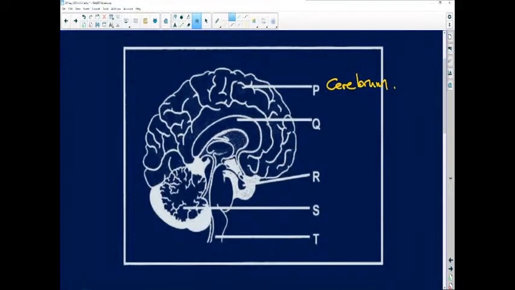Then we have this part here, and that part joins the left and the right hemispheres of the brain, and it's called the corpus callosum. Think of callosum as keeping something close.